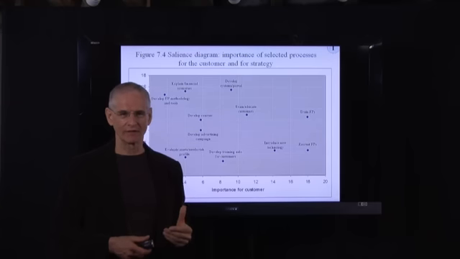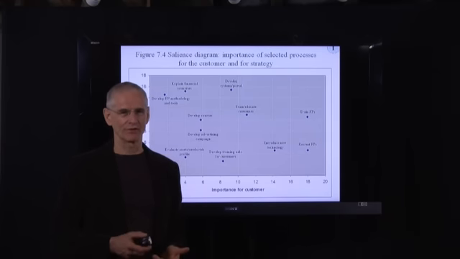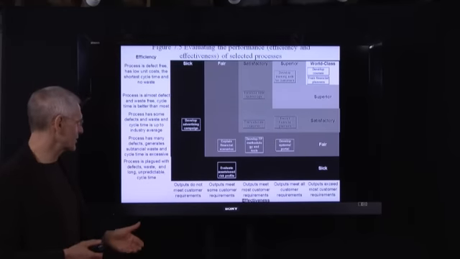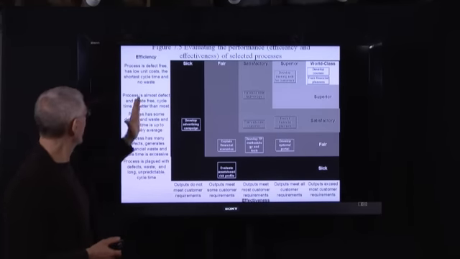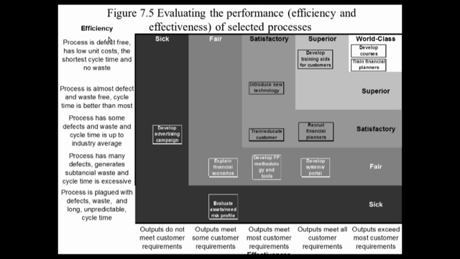You need to look at how good these processes are right now. Performance. Performance you will measure in terms of effectiveness and efficiency. Do they deliver the goods? 1 to 5. And do they use resources the best way possible? Efficiency.